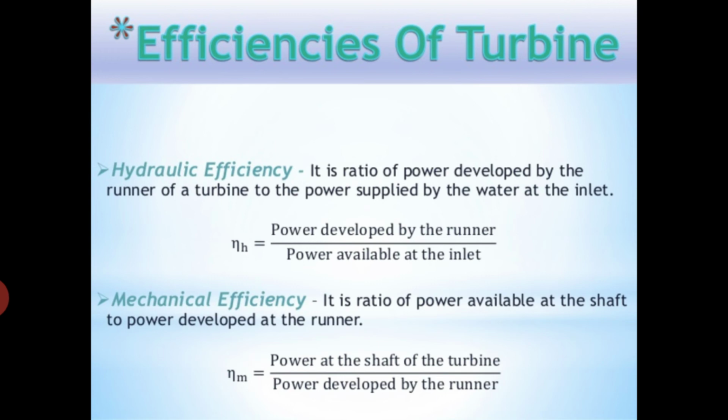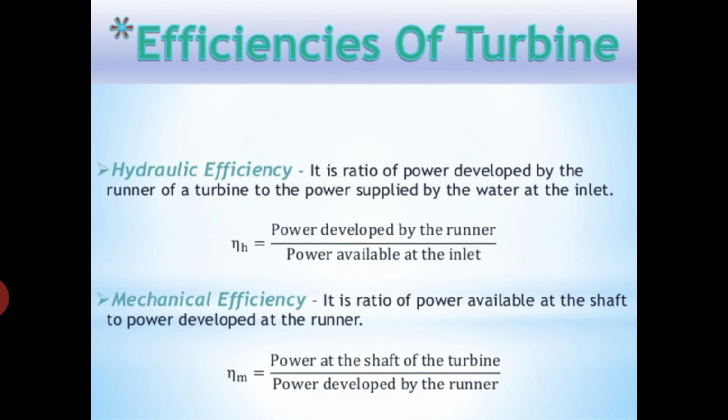When the water is flowing through the vanes of the runner, there are always hydraulic losses as the vanes are not smooth, and hence the power developed by the runner is always less than the power supplied at the inlet of the turbine. Thus the ratio of power developed by the runner to the power available at the inlet is known as hydraulic efficiency.